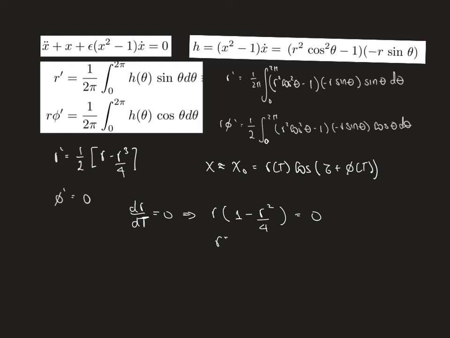Then the fixed point is going to be 0, and the other one is going to be r squared equal to 4. Therefore the other fixed point is plus minus 2.